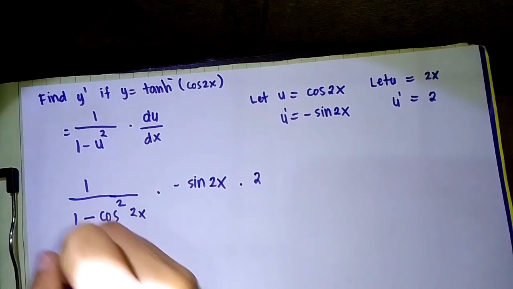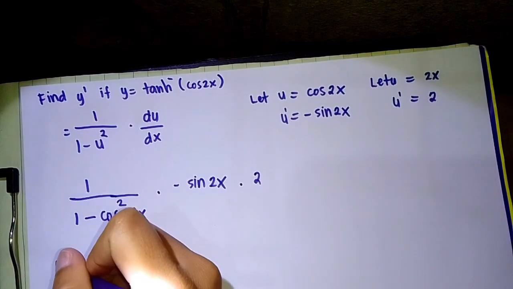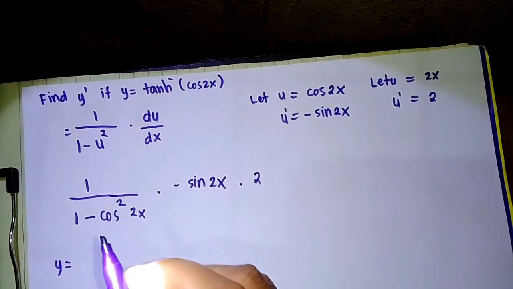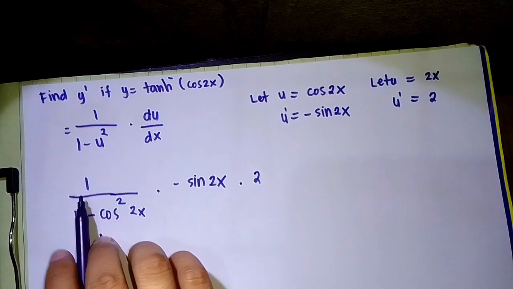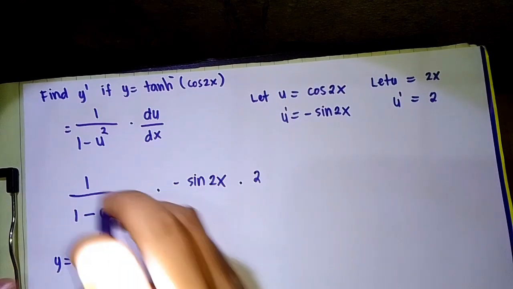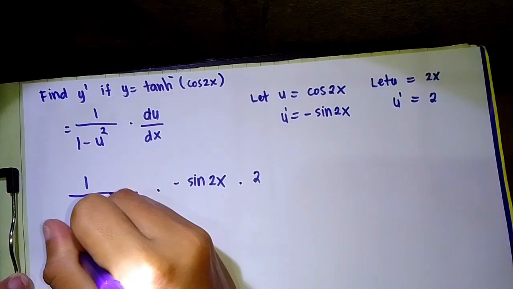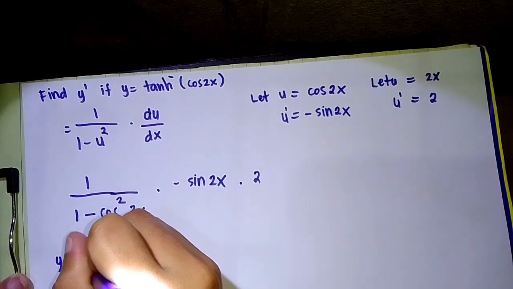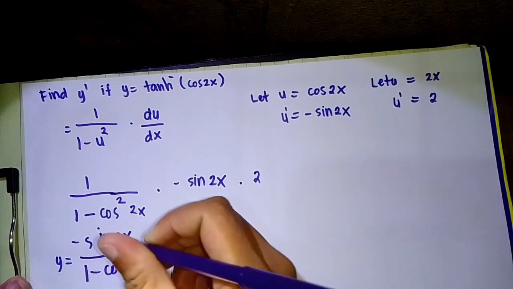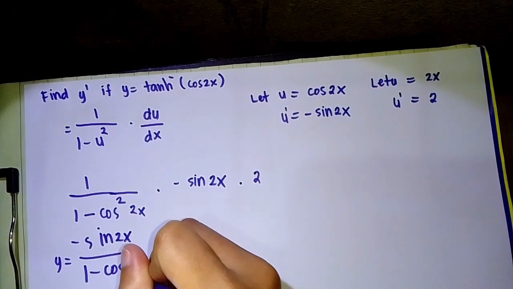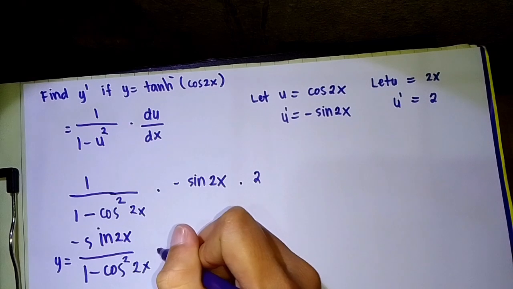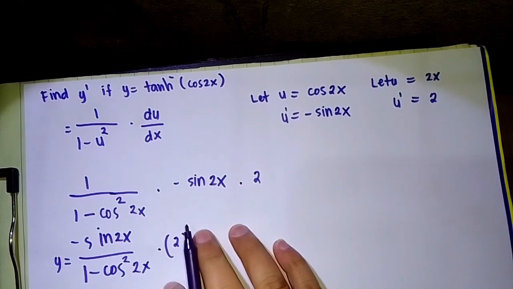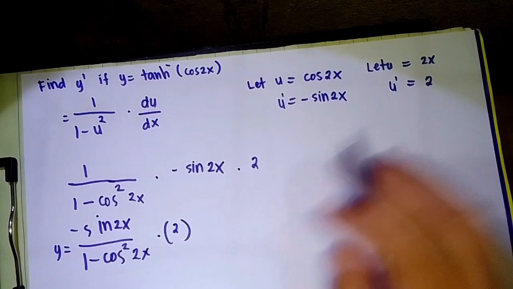1 times negative sine 2x is simply negative sine 2x over 1 minus cos squared 2x and multiplied by 2, which is the derivative of 2x.